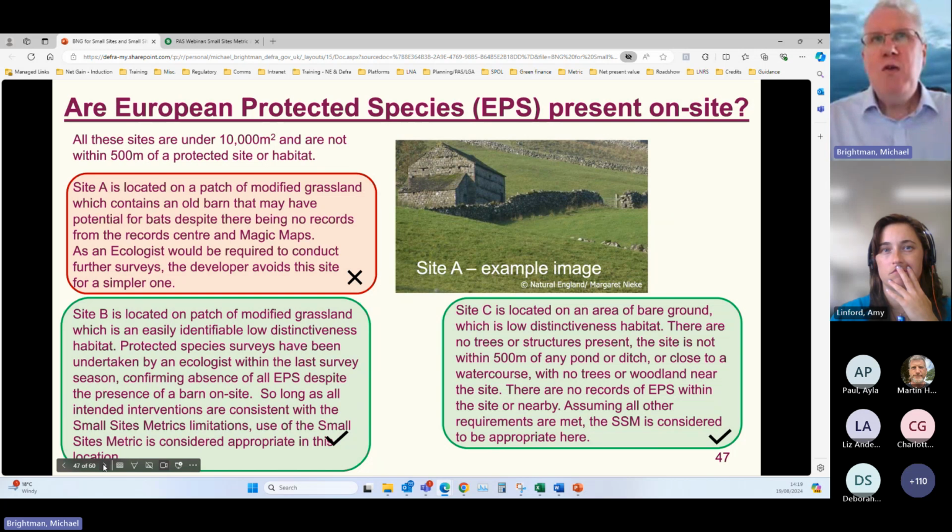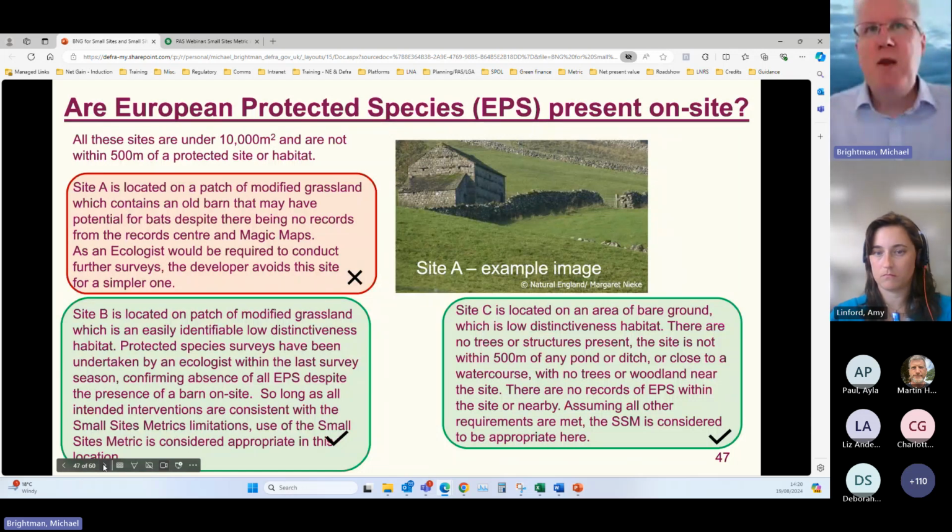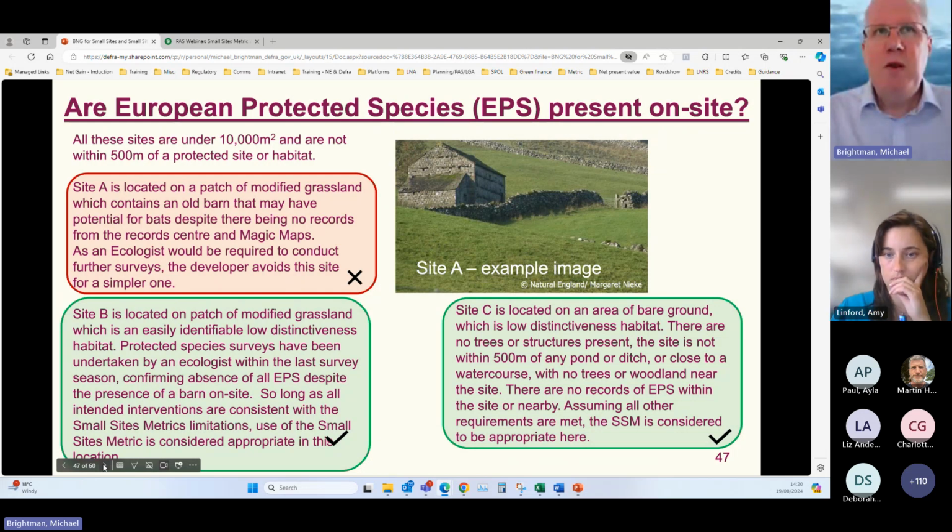So because of the potential for bats, an ecologist would be required to conduct further surveys, and the suggestion here might be that the developer avoids this site for a simpler one, or only after consideration of the presence of bats does the application go ahead. Sites B and C, though, are different.